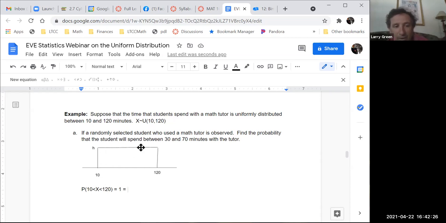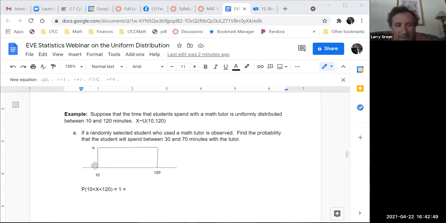How do we find the area of what we're looking at? You're all being very quiet.